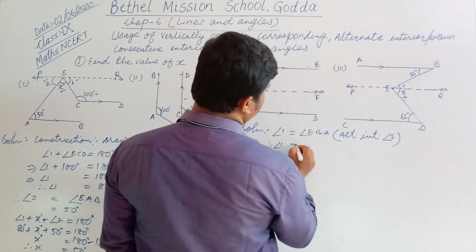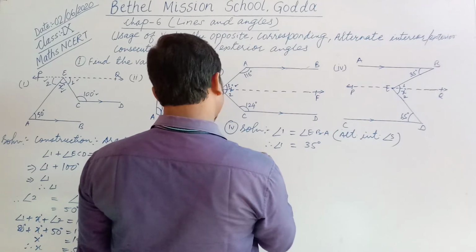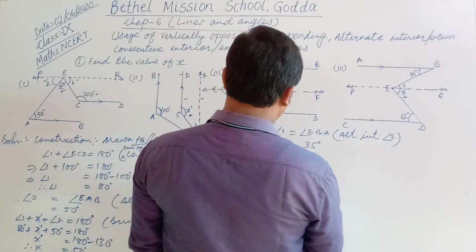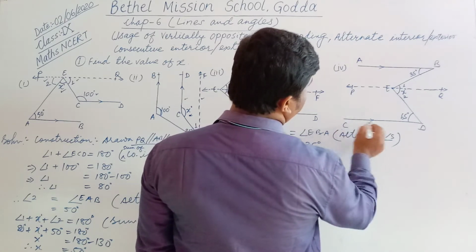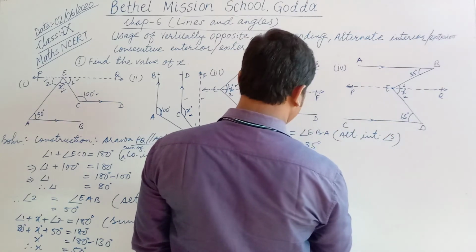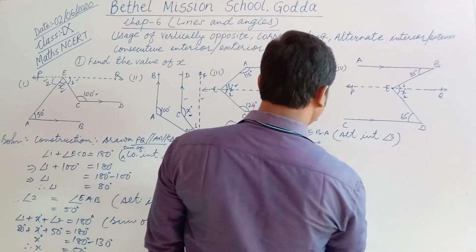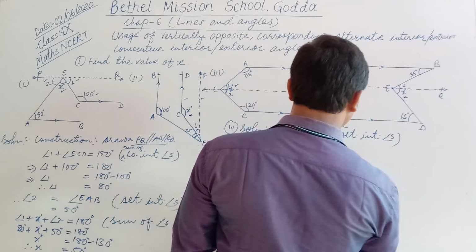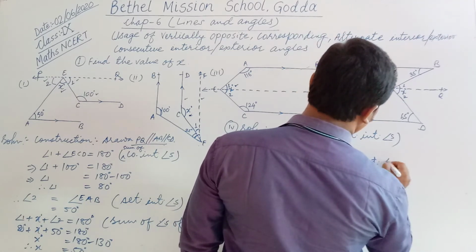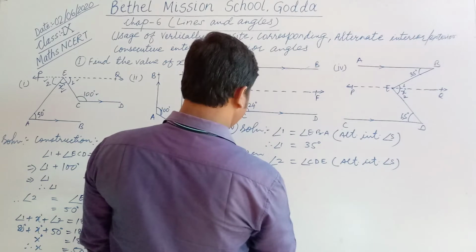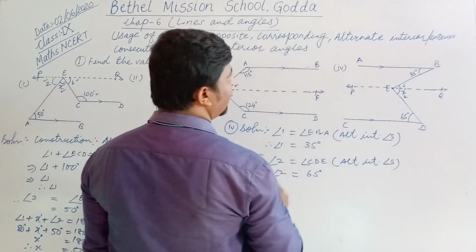Therefore angle 1 equal to 35 degrees. Again angle 2 equal to angle CDE, and this is also alternate interior angles. Therefore angle 2 equal to 65 degrees.